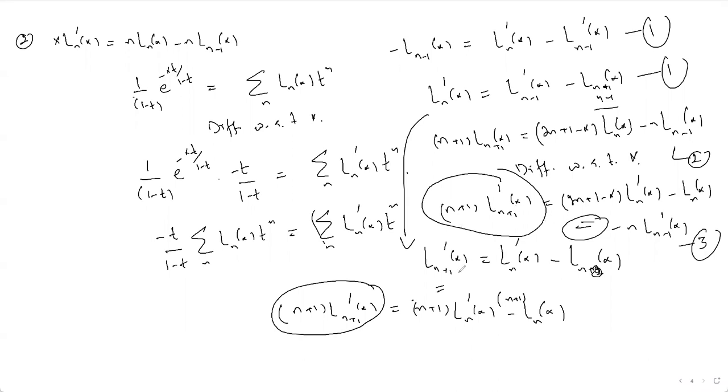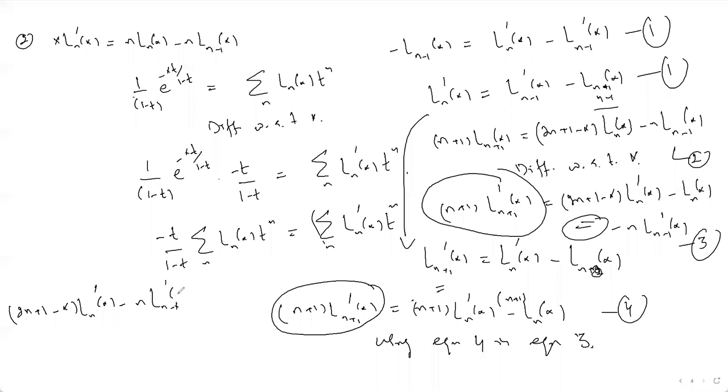So this equation, you just do one thing. Instead of this equation, what I will do, I will just substitute this right hand side. So I will just name this as equation 4. Then write using equation 4 in equation 3. The equation will now become (2n+1−x) L'_n(x) minus n L'_{n−1}(x) will be equal to this left hand side.